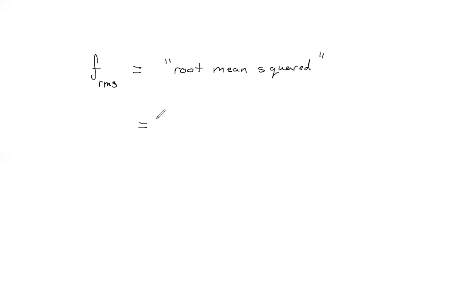It is the square root of the average of f squared, the root of the mean of the square. It's sort of like standard deviation. In fact, if the average value of f is 0, they are identical, but it's just another term that comes up a lot, the RMS value of something.